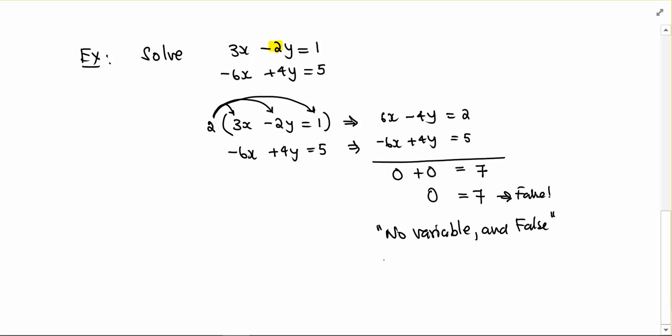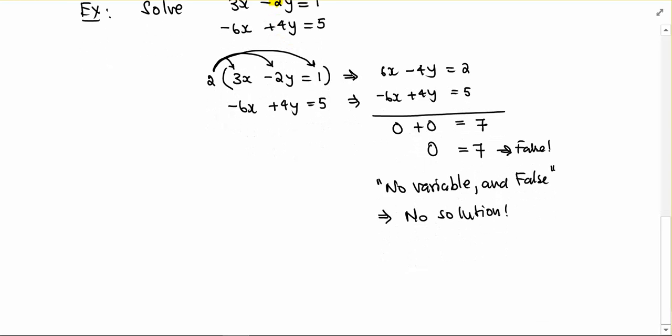And we know what that means: there is no solution. These lines don't meet. That's the interpretation. These lines don't meet. The technical phrase for this is inconsistent.